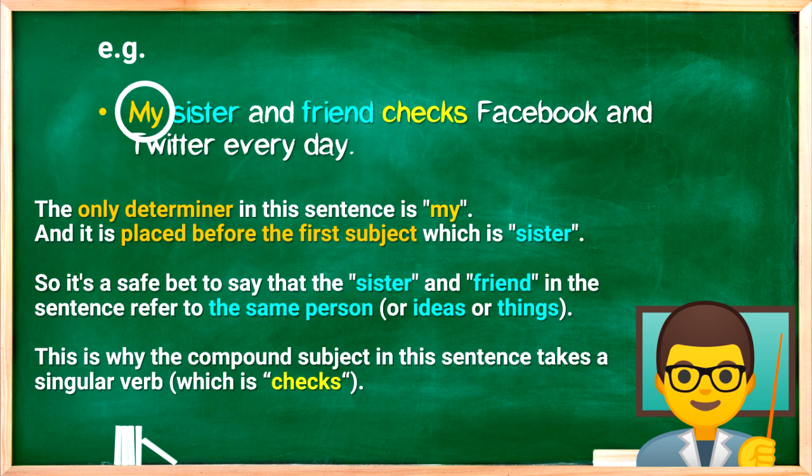The only determiner in this sentence is my, and it is placed before the first subject, which is sister. So it's a safe bet to say that the sister and friend in the sentence refer to the same person. This is why the compound subject in this sentence takes a singular verb.